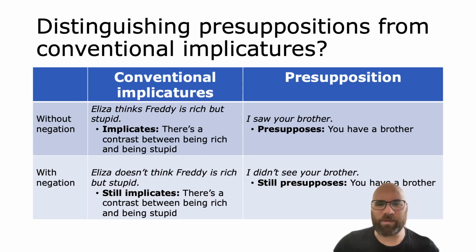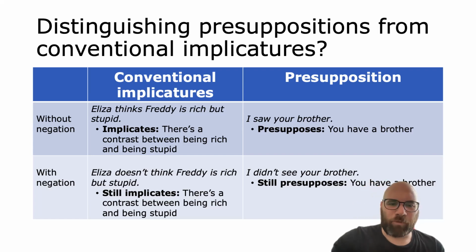Maybe the person who said this utterance thinks being rich is a good thing, but being stupid is a bad thing. If we put negation in that sentence, it doesn't change the conventional implicature. So, "Eliza doesn't think Freddie is rich but stupid." That seems like it still implicates that being rich is good and stupid is bad, or something like that.